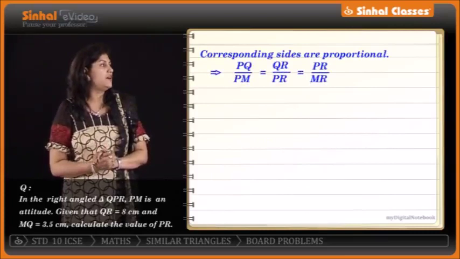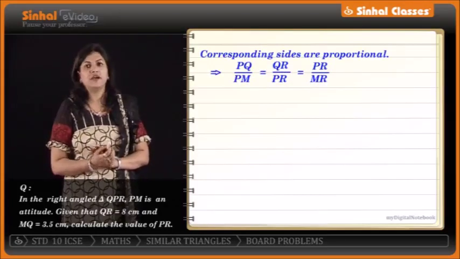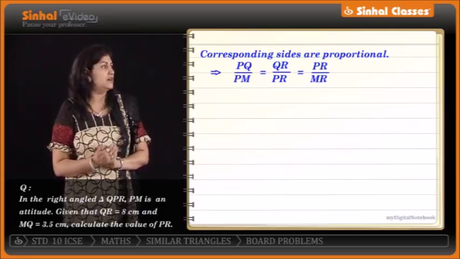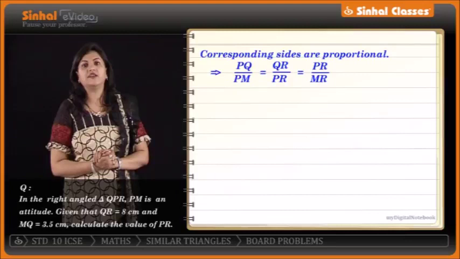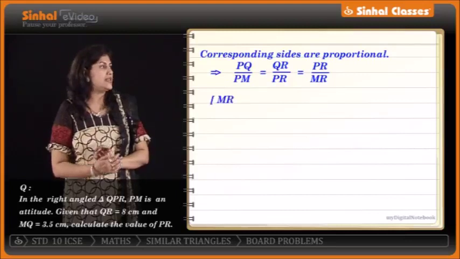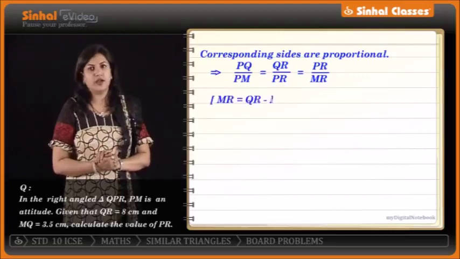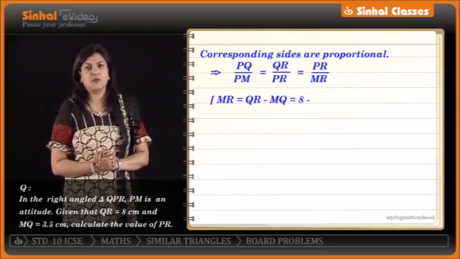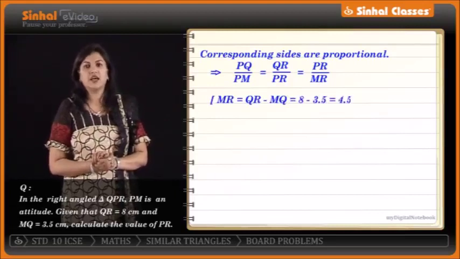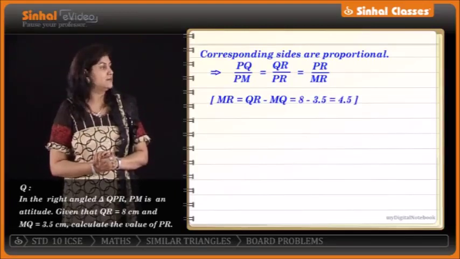Now from the figure, we know the value of QR is 8 cm and MQ is 3.5 cm. So we can find the value of MR as QR minus QM, that is 8 minus 3.5, which will give us 4.5 centimeter.